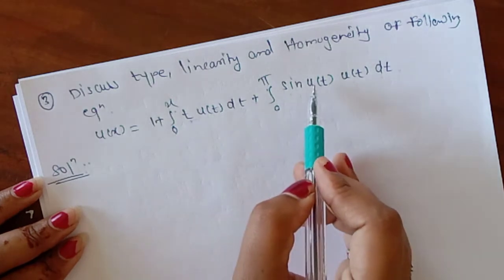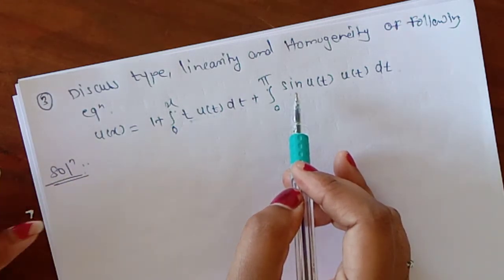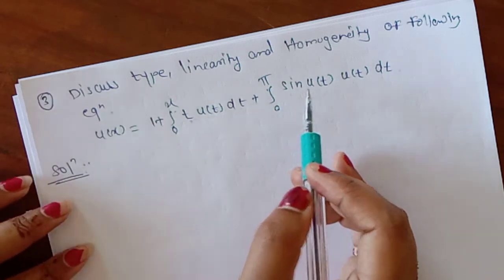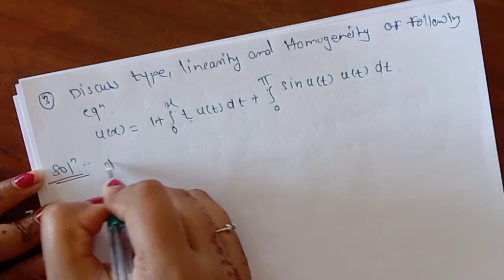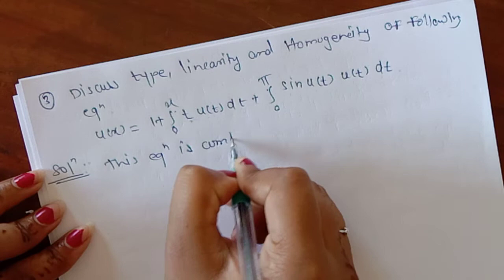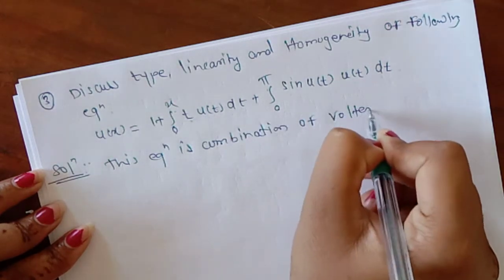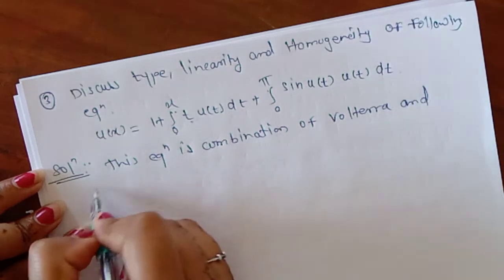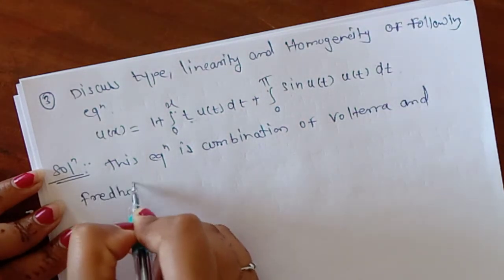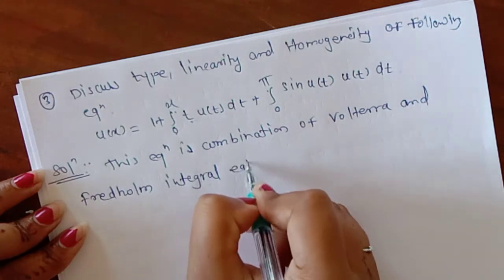Therefore the given integral equation is a combination of a Volterra and a Fredholm integral equation. Hence we say that this is a Volterra-Fredholm integral equation, which is the last type of our integral equations. Therefore the solution is, this equation is a combination of Volterra and Fredholm integral equation.